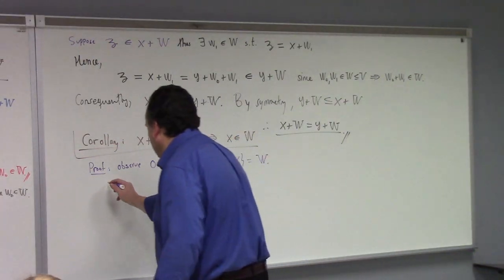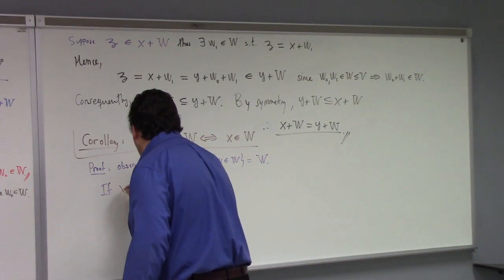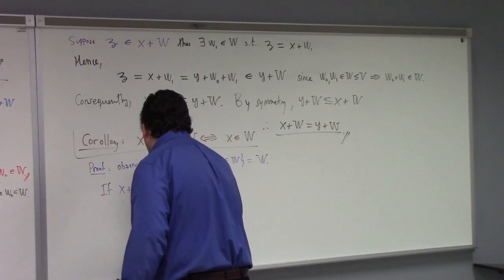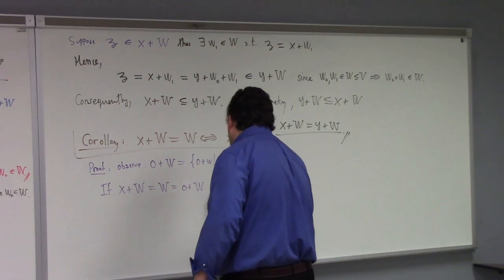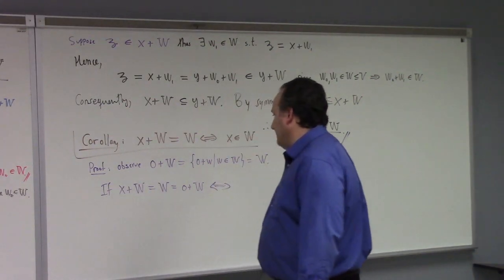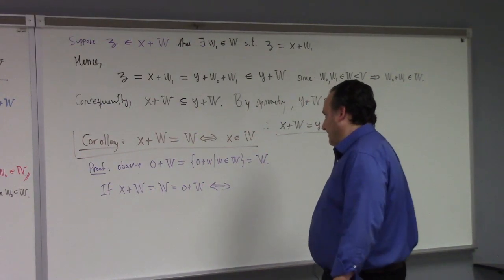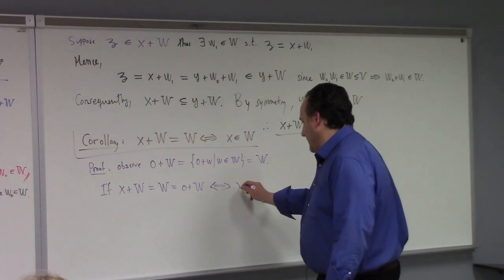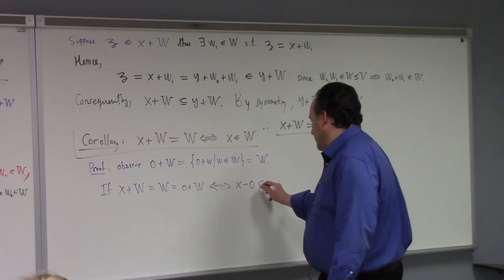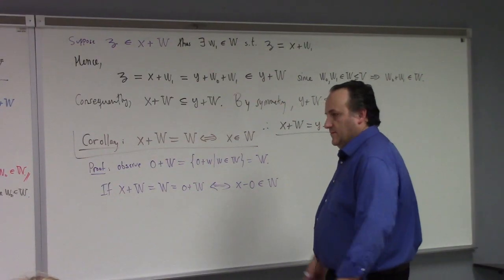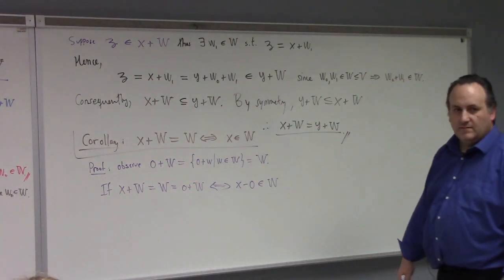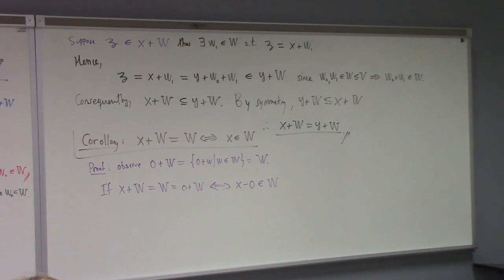So if x plus W is equal to W, which is equal to 0 plus W, that's true if and only if what? x minus 0 is an element of W, which is what we're trying to prove. That's why I say it's a corollary. It's essentially an immediate consequence of our previous proposition, right?